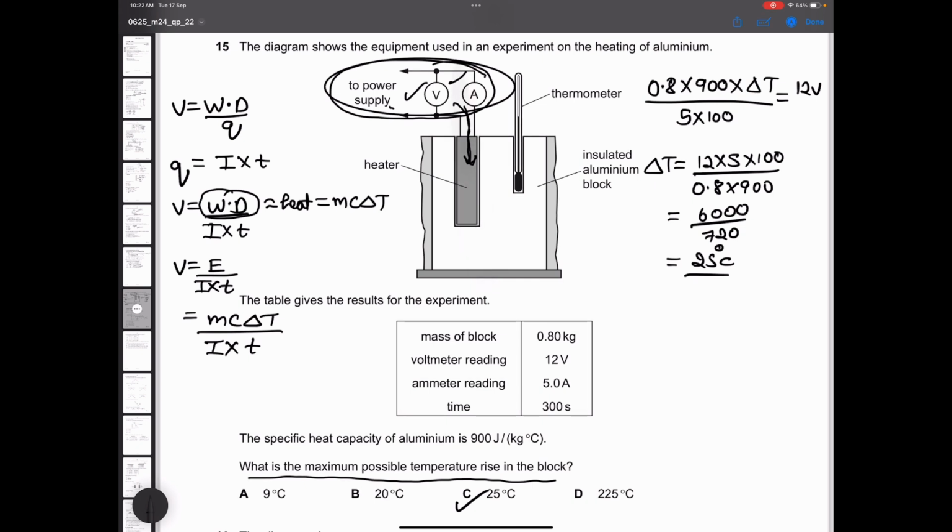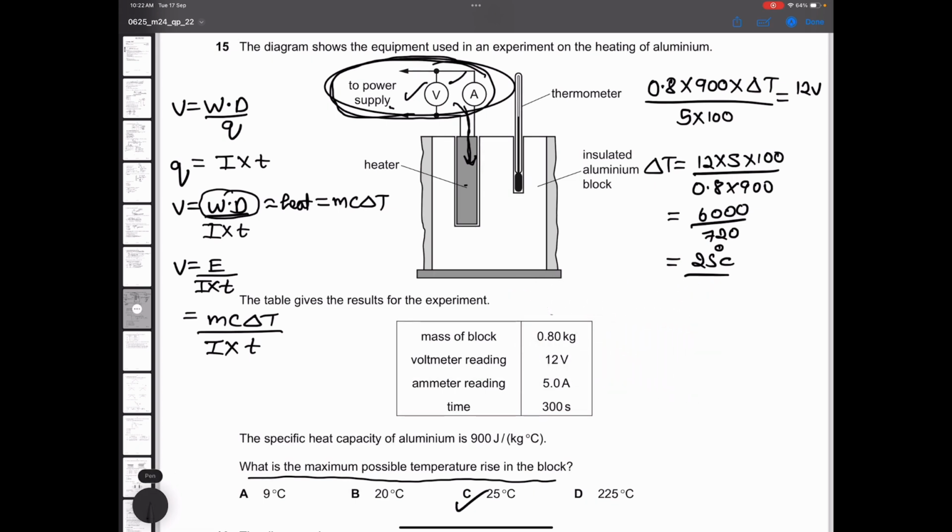The energy which the power supply is giving to the heater, due to that energy only, temperature is being changed. So we can find out the energy supplied to the heater from the power source.